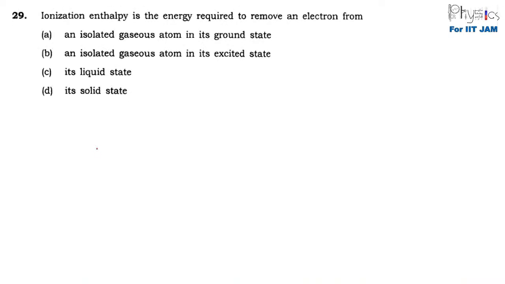So this is our next question. Ionization enthalpy is the energy required to remove an electron from option A, an isolated gaseous atom in its ground state, option B, an isolated gaseous atom in its excited state, option C, its liquid state, option D, its solid state.